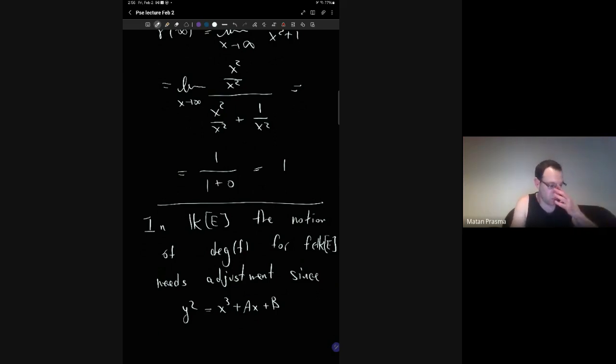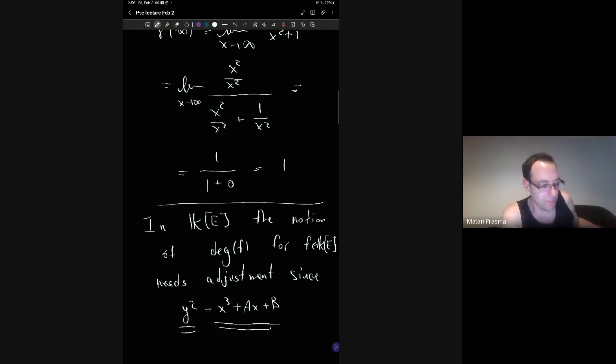So in ordinary polynomials, the monomial y squared would be of degree 2, and the right hand side would be a polynomial of degree 3.